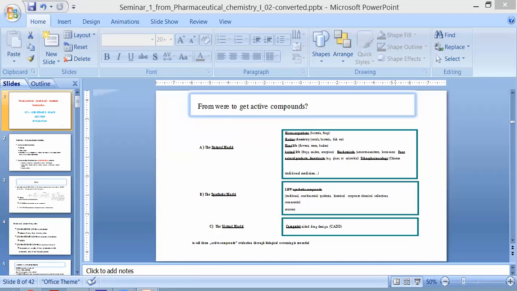bioisosteric substitution. Now, what do you mean by bioisosteric substitution? What is the atomic number of hydrogen? It is 1, no doubt. Hydrogen is going to form only one bond with another molecule.